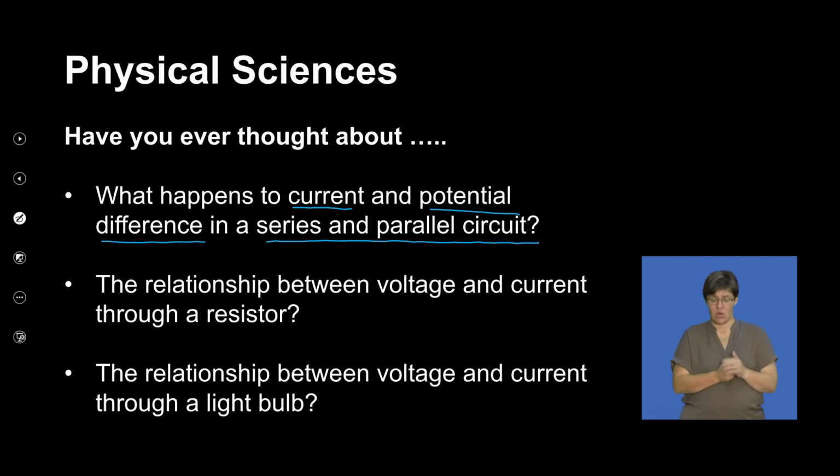It's either series or parallel. And then also the other thought: what relationship exists between current and voltage through a resistor? And then again, the same question, but it has to do with the light bulb: the relationship between voltage and current through a light bulb. So these are the thinking exercises that are going to guide our session for today.